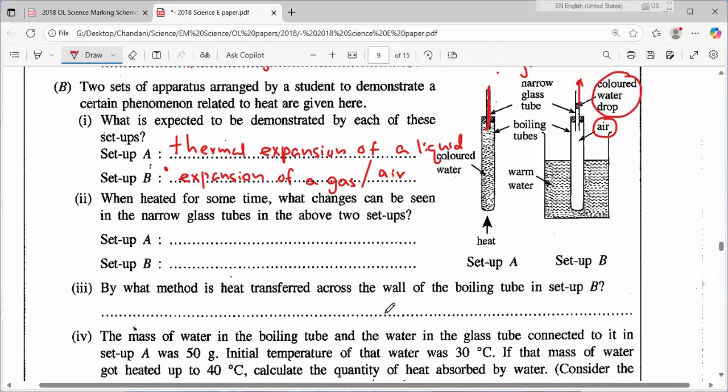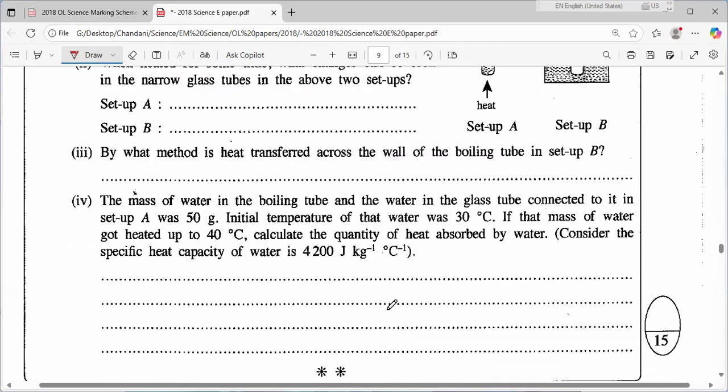And the third one: by what method is heat transferred across the wall of the boiling tube in setup B? Heat is transferred by three methods: conduction, convection, and radiation, right?